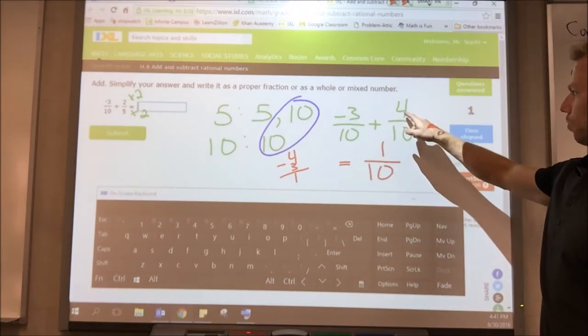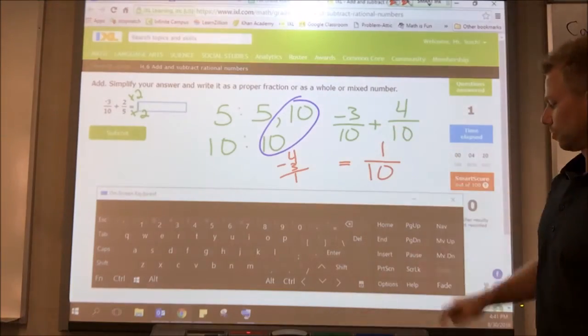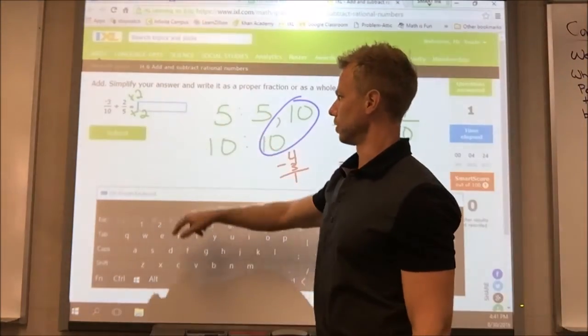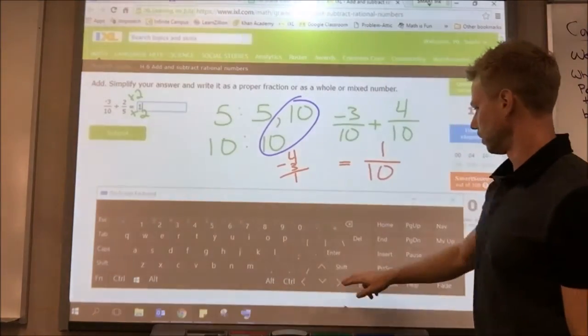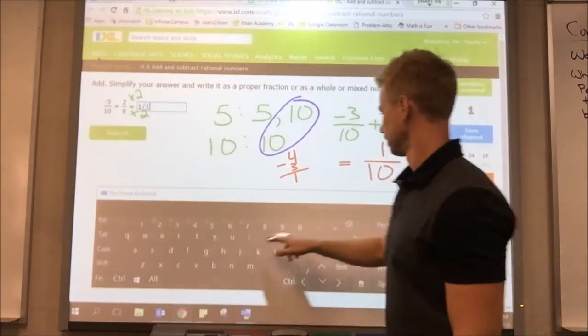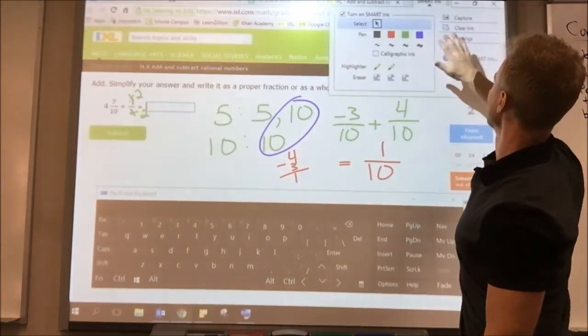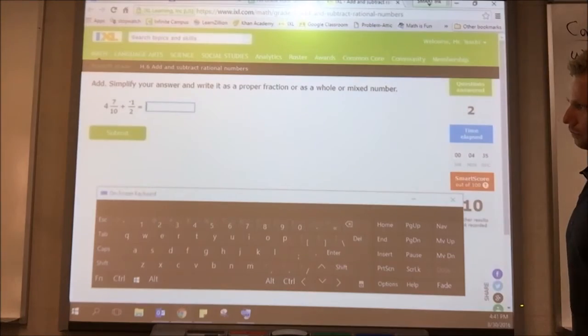The bigger number is 4, which is positive, so our answer is going to be a positive 1/10. And we plug that in, and we did it correctly. Good. Let's try another one.